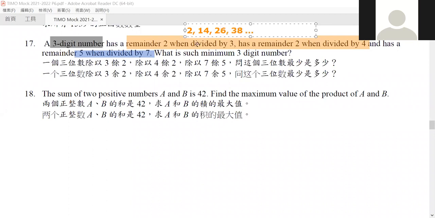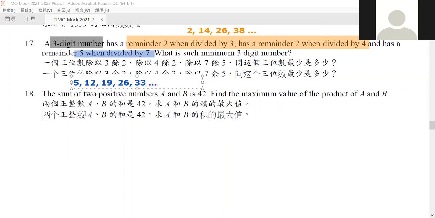But in order for it to have a remainder of 5 when divided by 7, it will be 5, 12, 19, 26, 33, and so on.